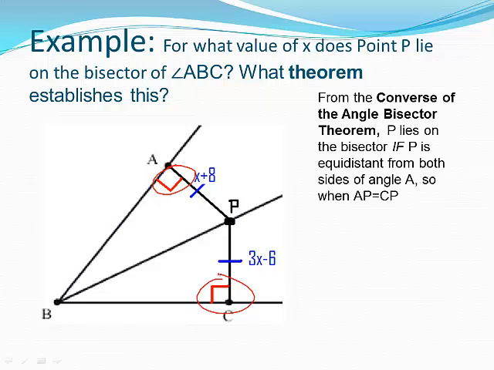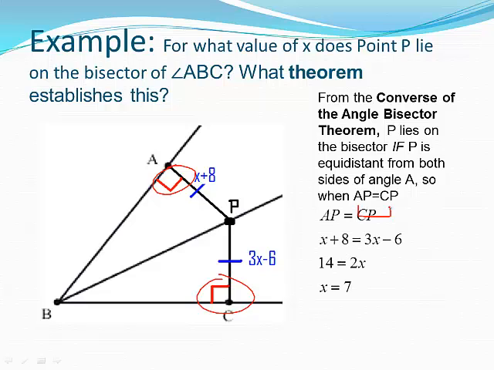From the converse of the angle bisector theorem, P lies on the bisector if P is equidistant from both sides of the angle. So when AP is equal to CP. And again, AP equal to CP is only valid if these create perpendicular lines, or right angles, so they act as distances.